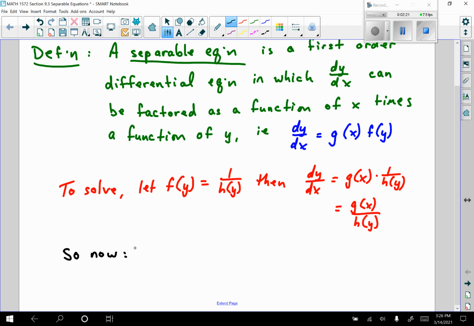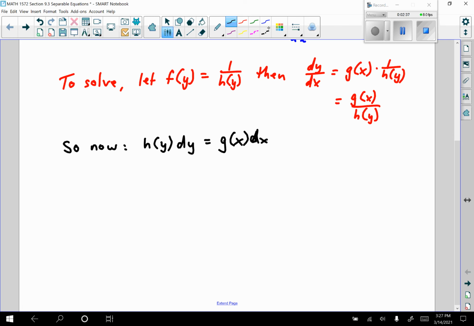So now we could say h of y dy, multiply both sides by h of y, is equal to g of x dx, multiply both sides by dx. Then we integrate.